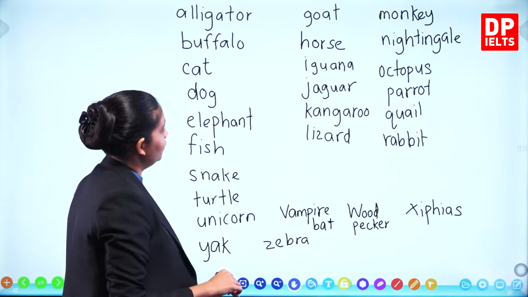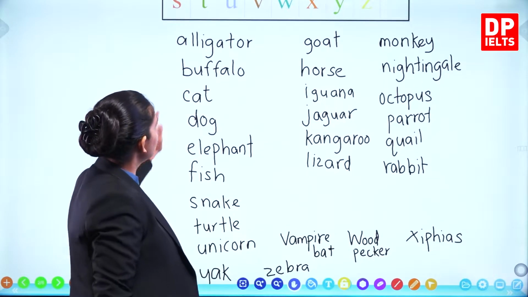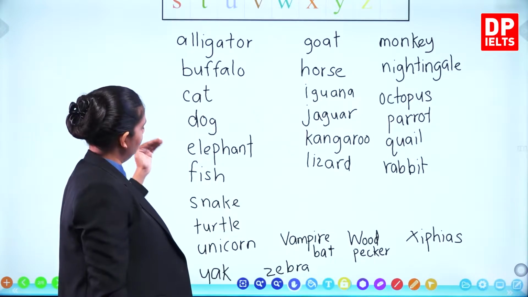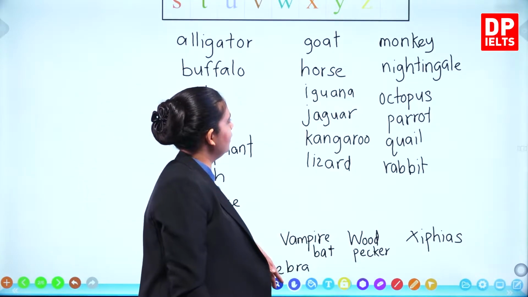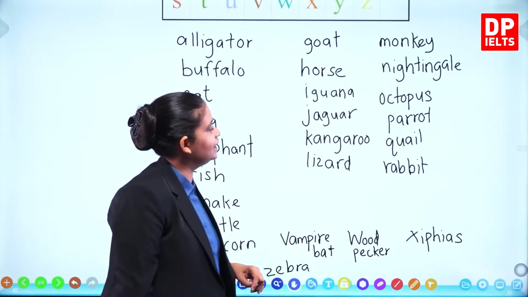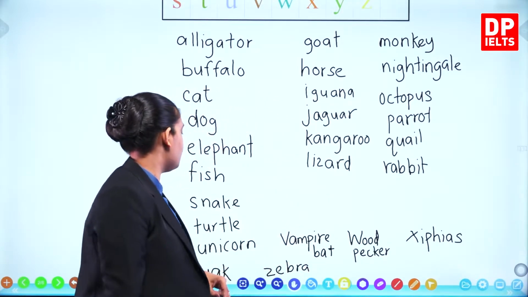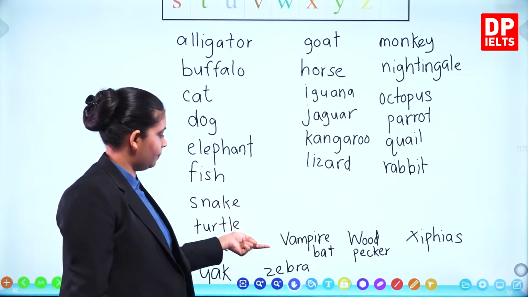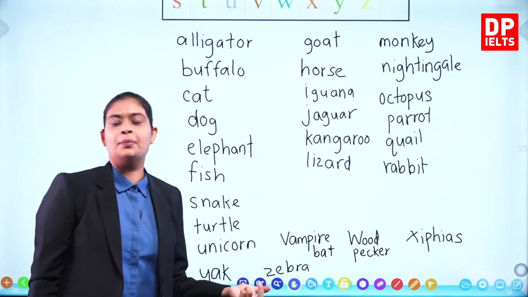If you have written anything similar, give yourself a tick. So we have alligator, buffalo, cat, dog, elephant, fish, goat, horse, iguana, jaguar, kangaroo, lizard, monkey, nightingale, octopus, parrot, quail, rabbit, snake, turtle, unicorn, vampire bat, woodpecker, Ziphius, which is a type of fish.